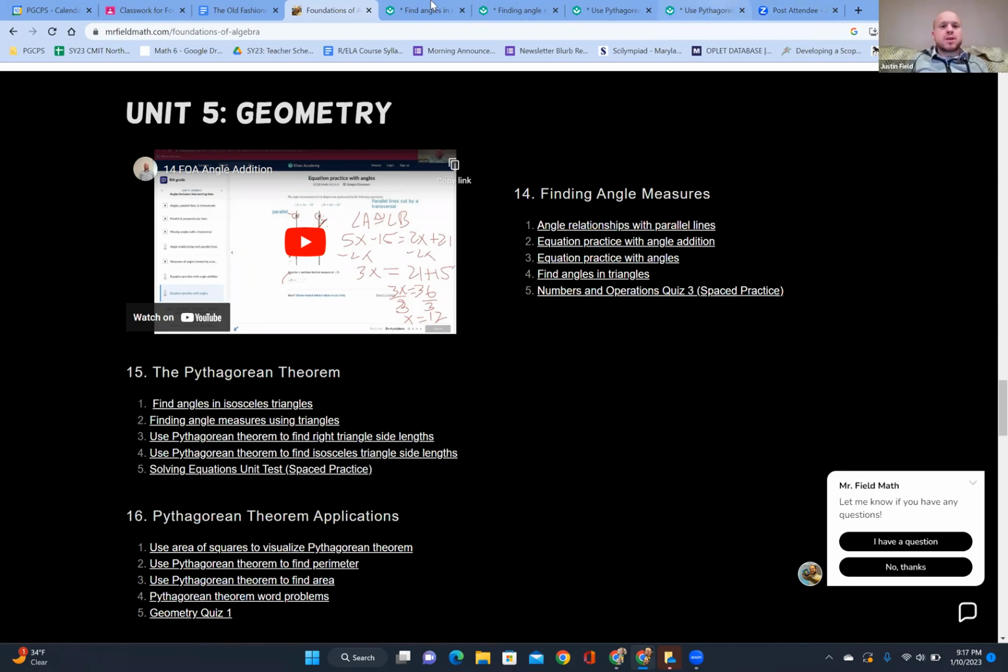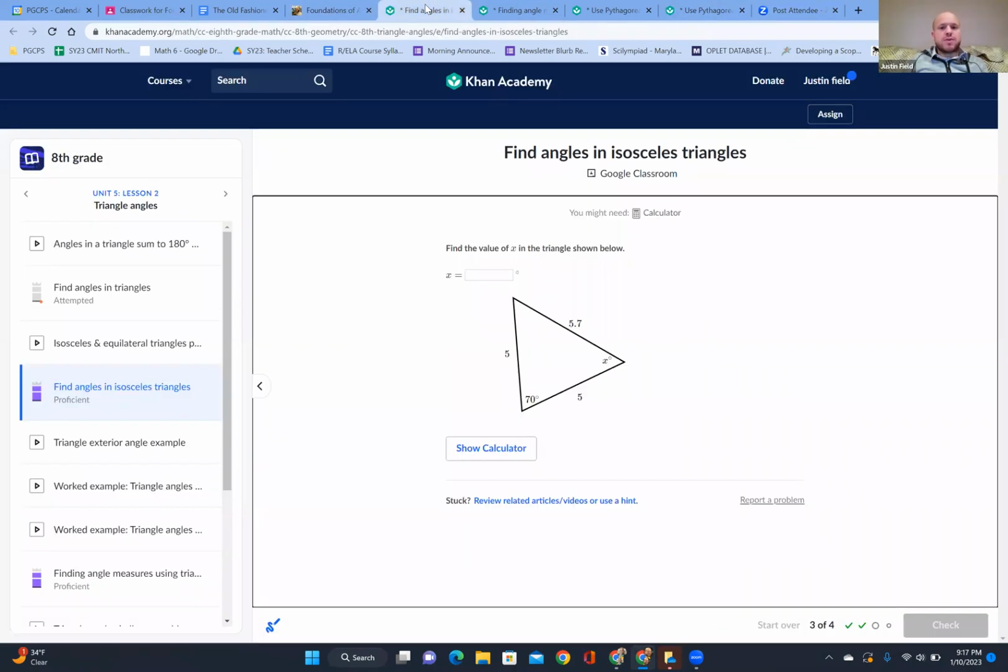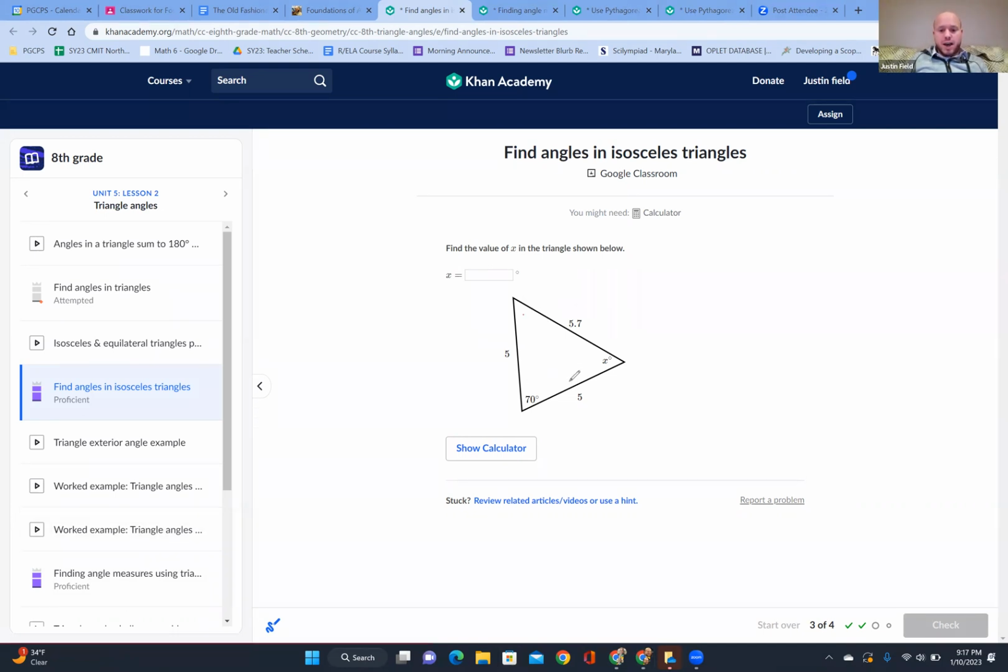All right, let's get to the first one, finding angles in an isosceles triangle. Last week, we found angles using the triangle sum theorem. All angles in a triangle add to 180. But what about when you only know one of the angles?